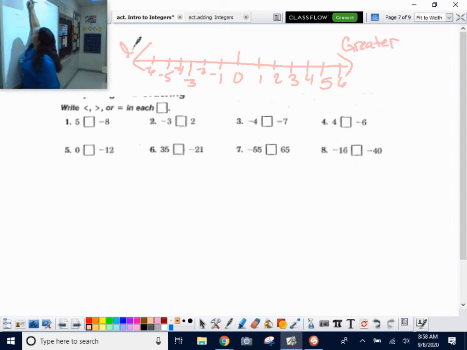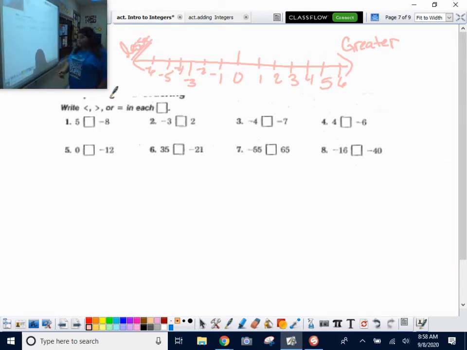The lesser numbers are over there. Okay? So let's see if we can figure these out. I like blue, so I'm going to pick blue. +5, which is over here, is what? Less than, greater than, or equal to -8, which will be over here. Obviously, your positives are greater than any of your negatives, so that's going to be the greater than symbol.